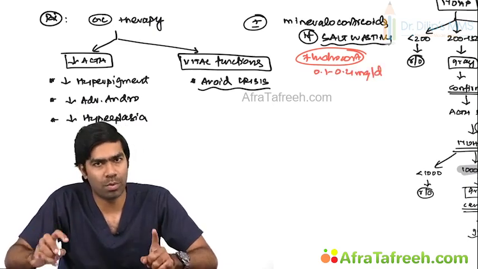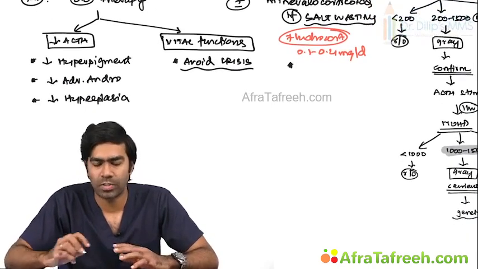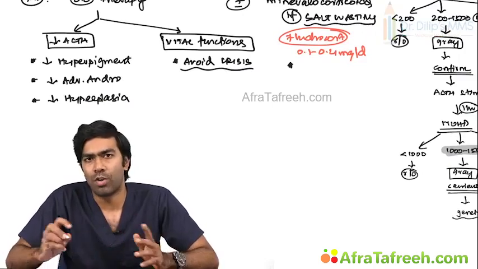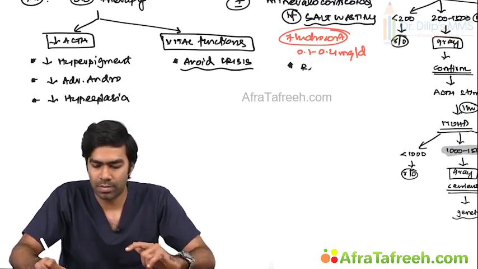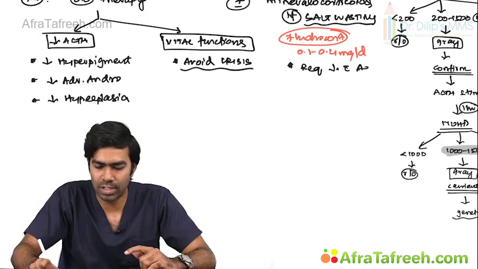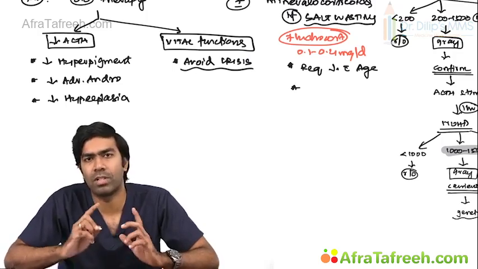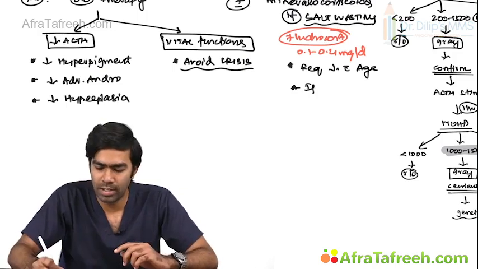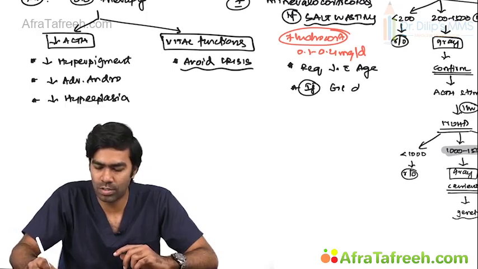Please do understand there are two important points that you have to know about this fludrocortisone. The first point is that the fludrocortisone requirement will usually decrease with age. Generally the requirements will decrease with age. That's a very important point, number one. And the second point is that fludrocortisone may not be needed if the glucocorticoid dose is very high.